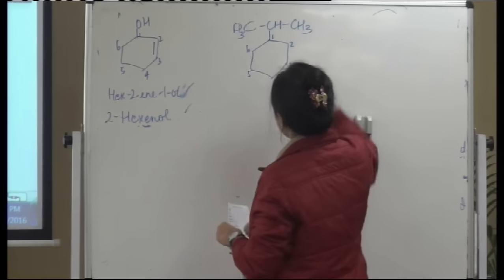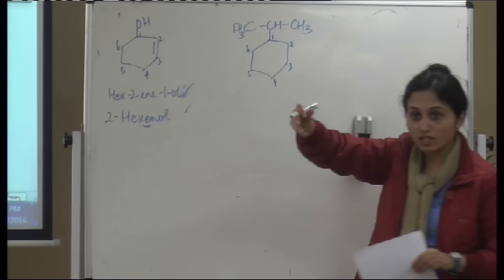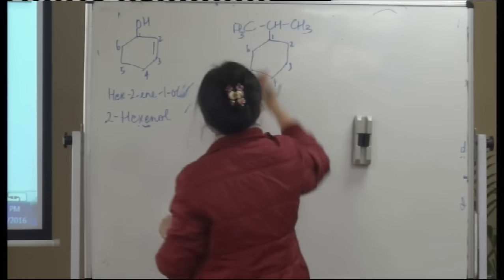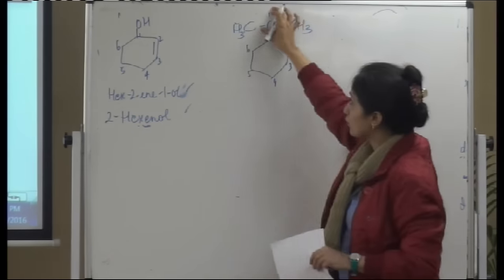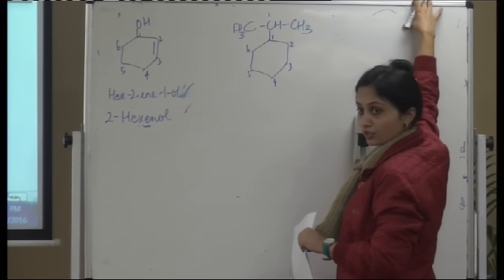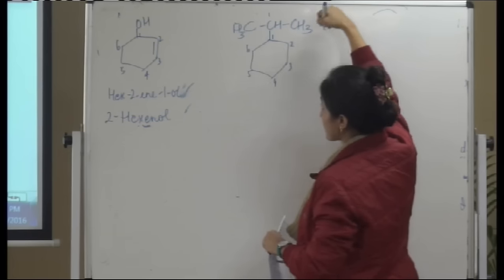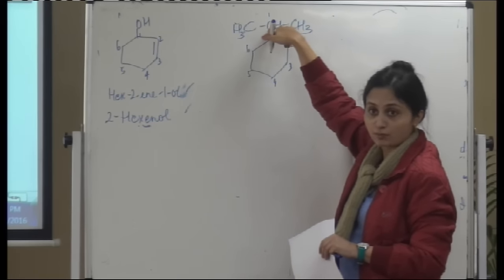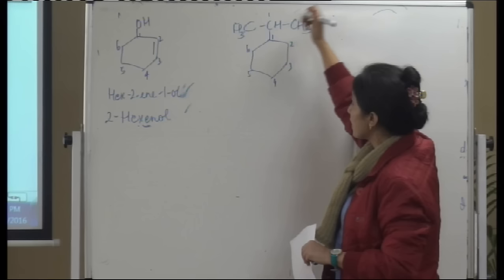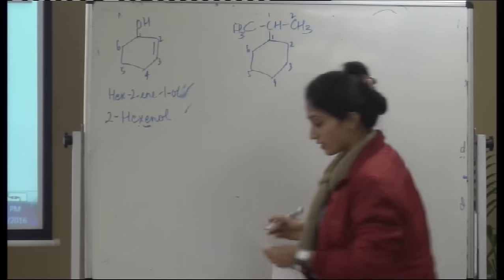Now for the side group, if it is an elongated chain with some extra additional groups attached to it, then you can look for the longest chain from wherever. If the longest chain goes to the right, go to the right. If the longest chain goes to the left, go to the left. So we start naming our side group according to a new numbering system which starts from the first point of attachment. So we start from here. This will be 1, this will be 2 now. That's it.